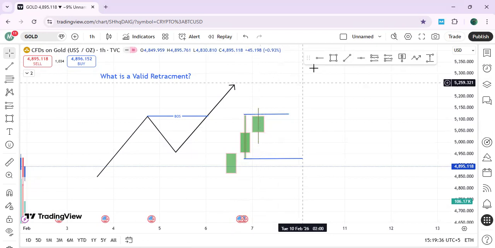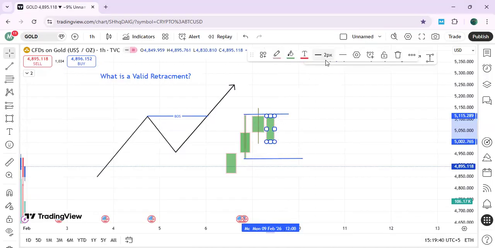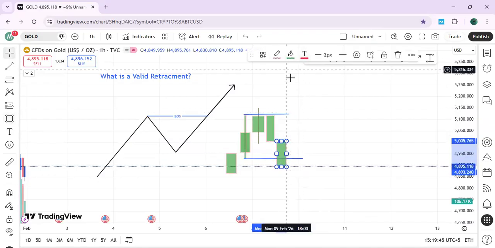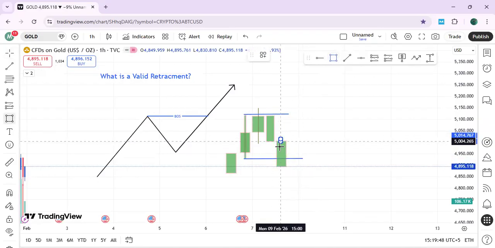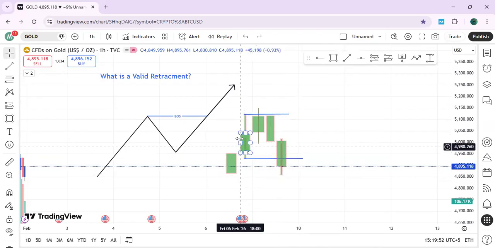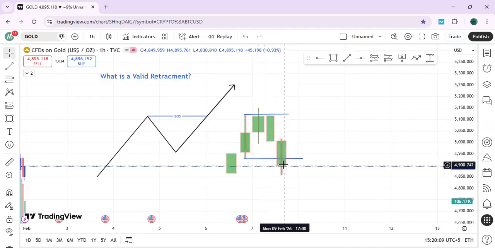So for a valid retracement, the market should close a candle below the independent bar in that way. Okay, right? The simple theory is that if the market breaks the independent bar's low point and the complete body of the candle closes below the low point of the independent bar, we will say now the retracement is valid.